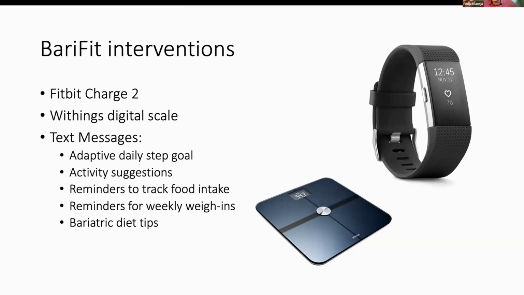We had the same kind of activity suggestions that we used in HeartSteps, but now delivered through text messaging. We had different kinds of reminders, both reminders to track food intake as well as weekly weigh-ins. And then there were tailored bariatric diet tips that were customized to how far from the surgery each person was. So they would get diet tips related to the particular week they were in, depending on how long ago they had their bariatric surgery.